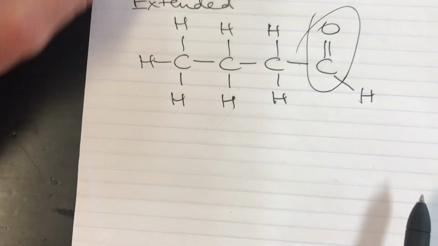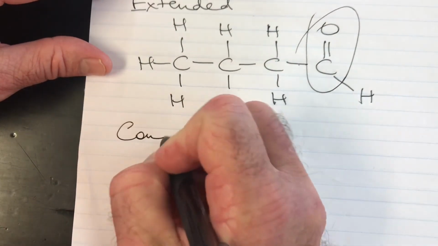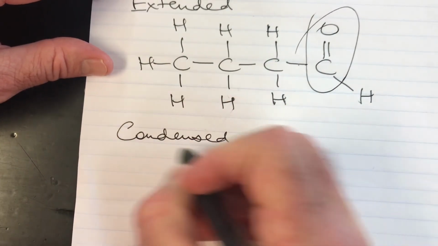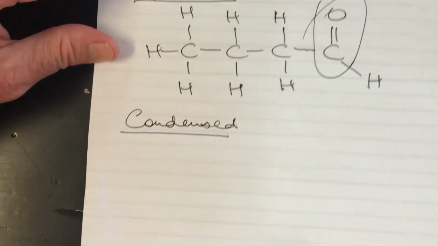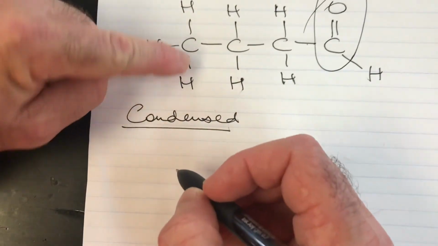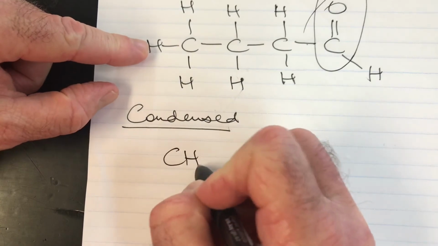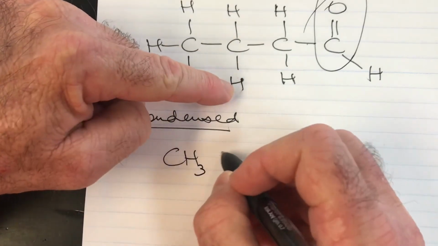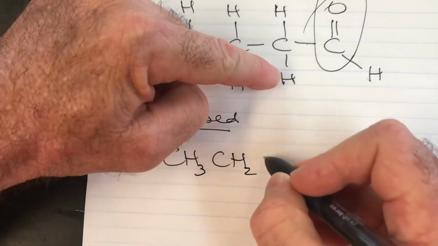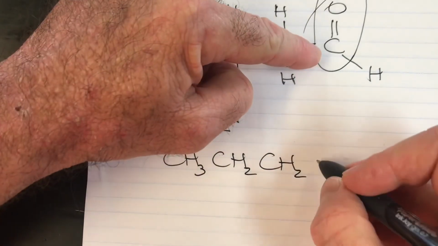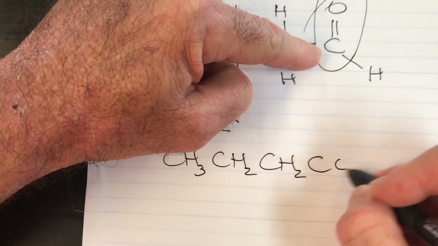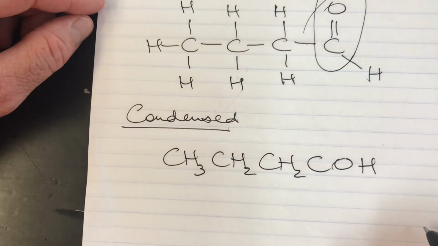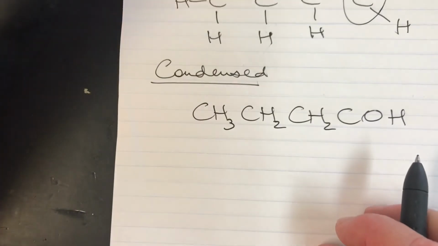Well, what about the condensed structural formula? Okay, so that'll be just CH3, CH2, CH2, and COH. There we go. And what about the line formula?